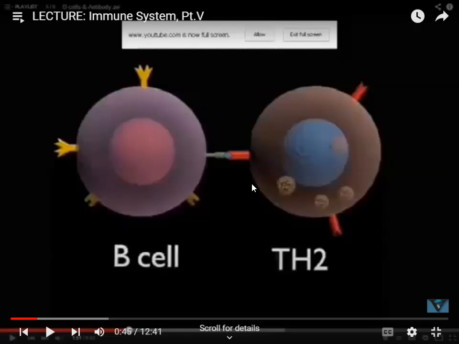So T helpers have to communicate with APCs. There's no other way around that. And the APC could be a B cell, or it could be a macrophage, right? And a macrophage is a neutrophil that just went on to become more dangerous, right?